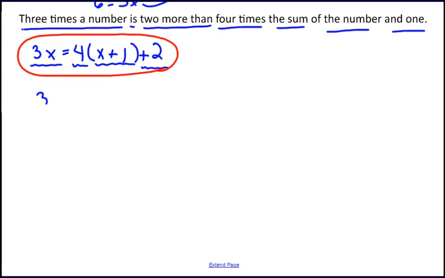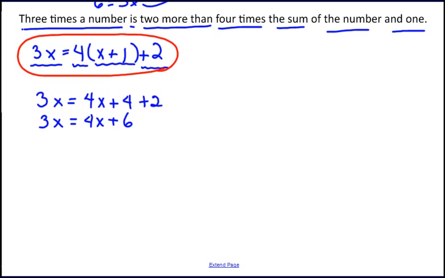I've got 3x. I'm going to use the distributive property with the 4 and the x plus 1. Simplifying on the right-hand side, I see that I can add the 4 and the 2 together. Now the plain old number is 6.